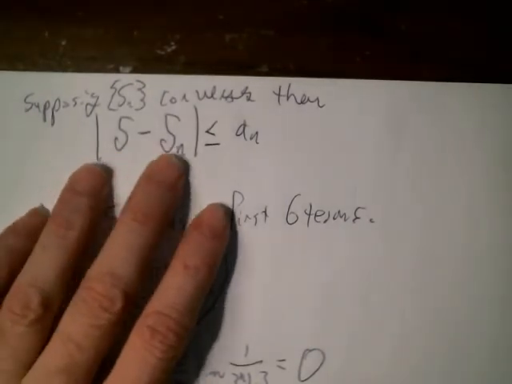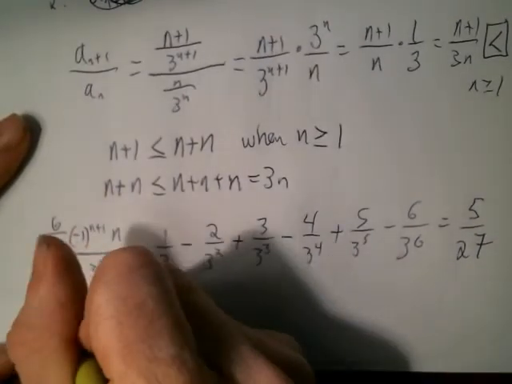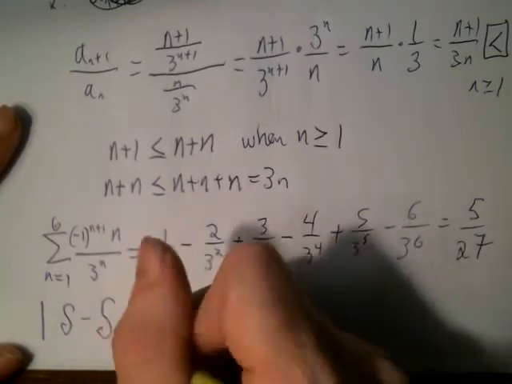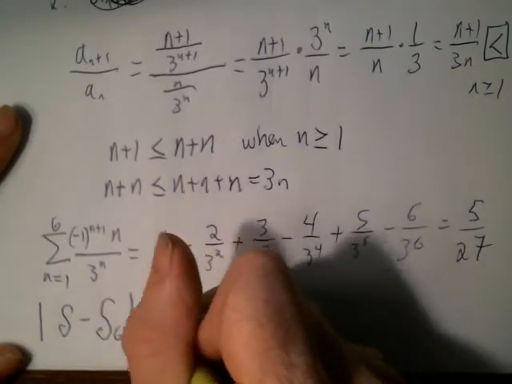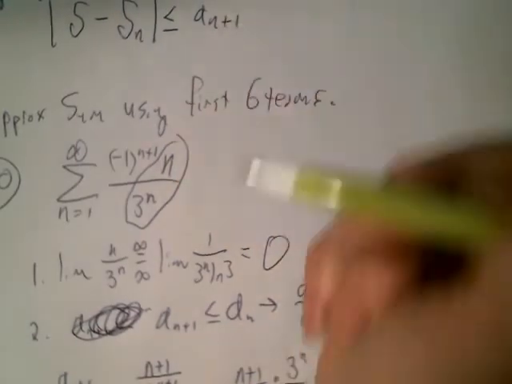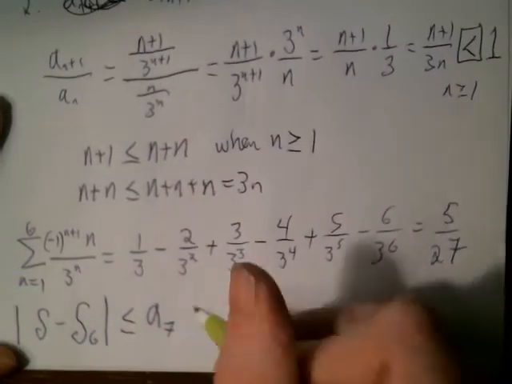So s minus s sub n. And so our n value in this case is the number of terms, the 6, right? So the actual sum minus this approximation here, s sub 6, is less than or equal to a sub, is it n or is it n plus 1? It's actually the next term. Sorry, it should be n plus 1 up here. So a sub 7, okay?